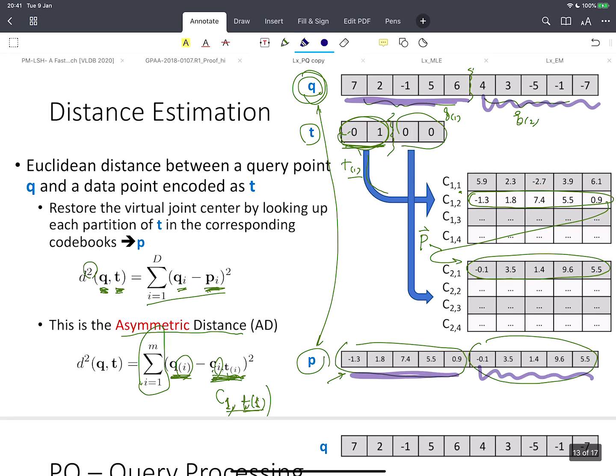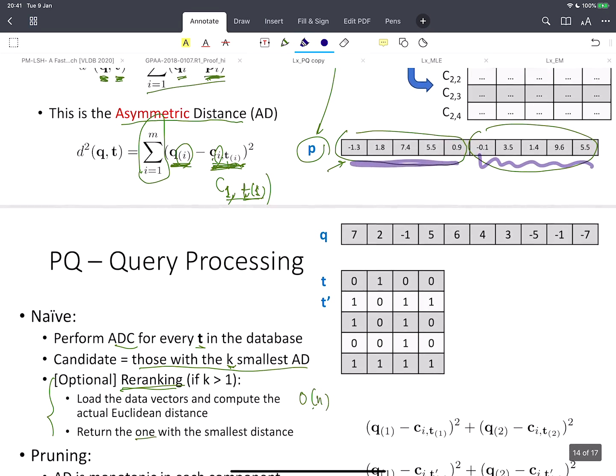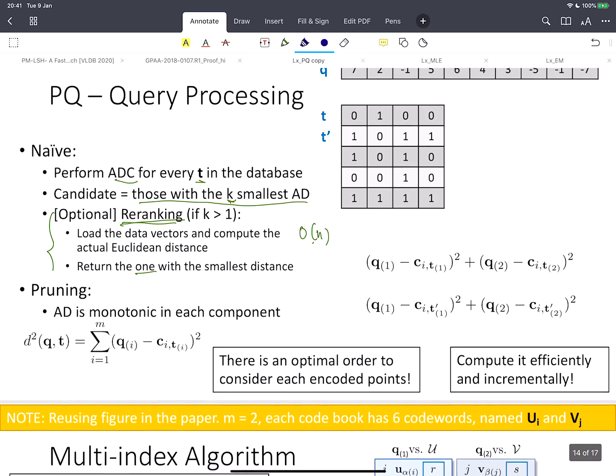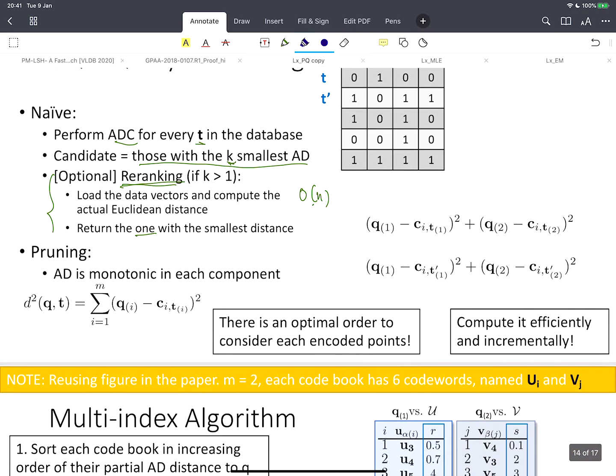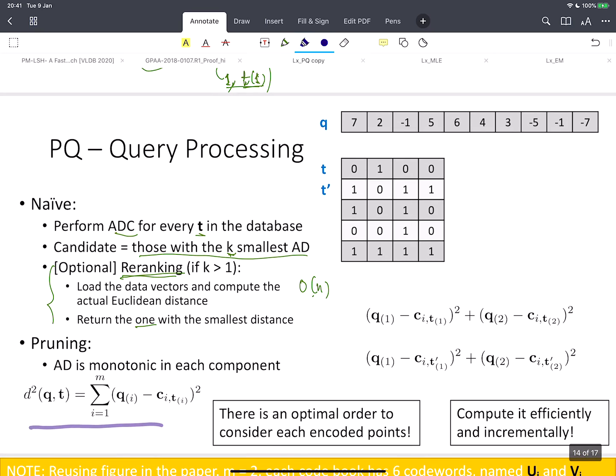I'm talking about the squared Euclidean distance; otherwise you sum them together and take the square root. So that's the equation again, and let's think about any two binary vectors encoded by product quantization.